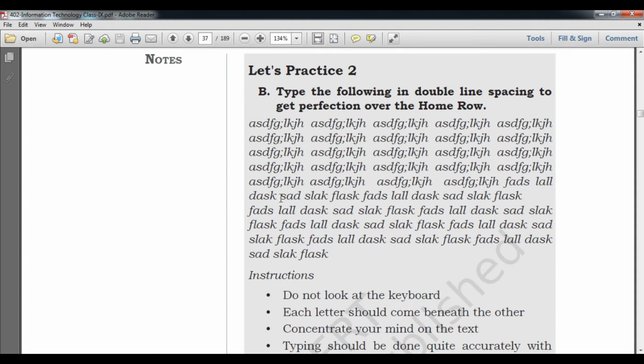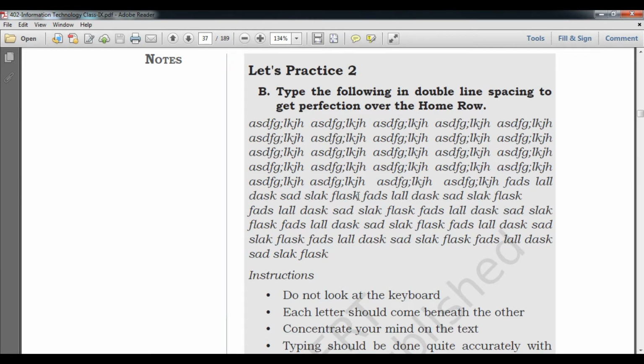By that we get practice in random combinations in the home row.